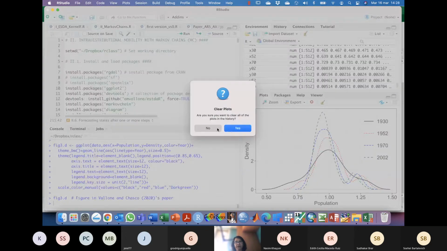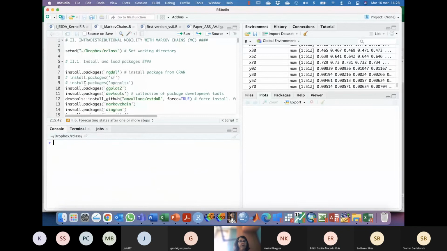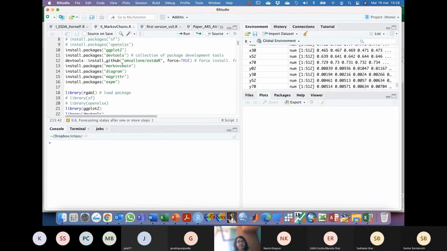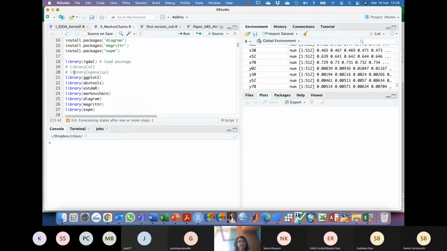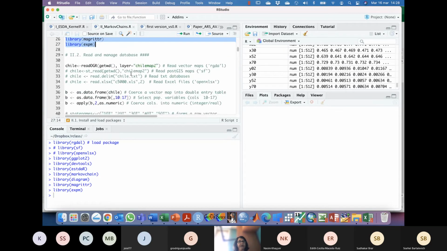you can run it all together, in the sense that if you have a clear console, okay? If you have installed previously, well, you have to install the star in some other packages. You will be able to run everything.